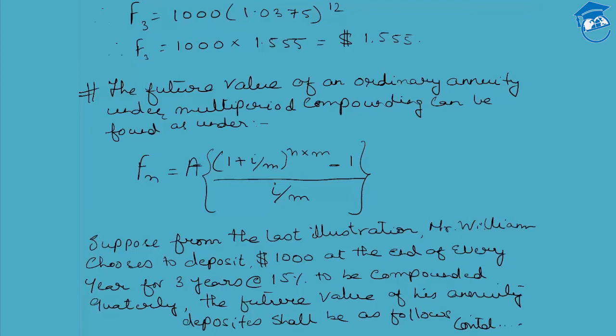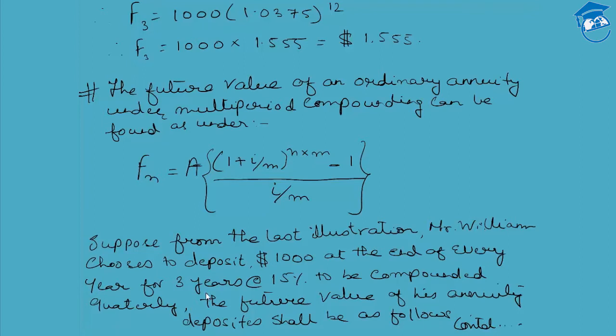The only change is that wherever the nominal interest rate has been mentioned, it has been divided by m, and the n, or the number of years, has been multiplied by m, that is n into m. M refers to the number of times the compounding is undergoing in n number of years.